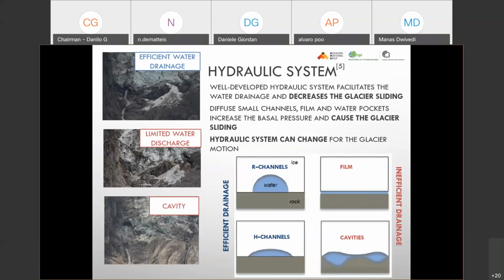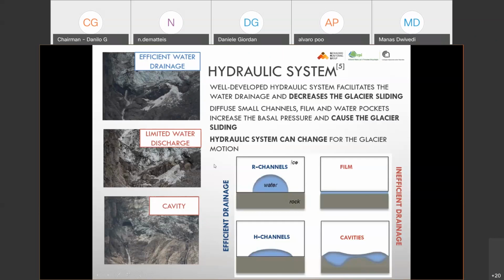On the contrary, if there are a lot of small channels or maybe a film, this creates a strong pressure against the bedrock and reduces a lot the friction against the bedrock, and therefore the glacier can slide more easily. Also, the presence of cavities can increase the internal pressure.